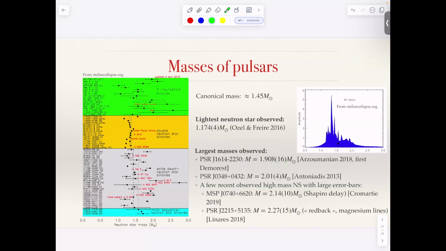So how to read it? It is 1.908 plus or minus 0.016. This is just the last two digits. But there, for instance, the 4 means that it is at least twice the uncertainty of the previous measurements.